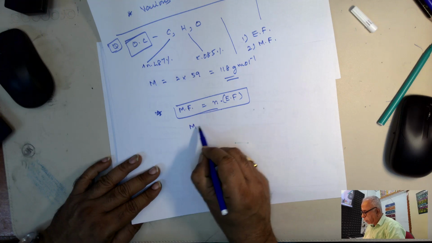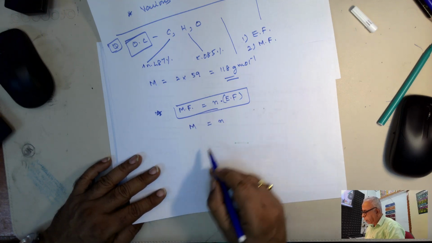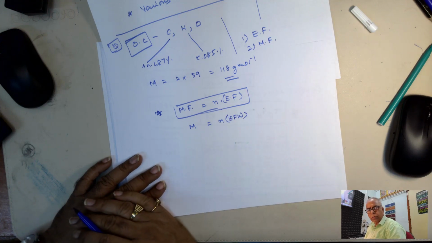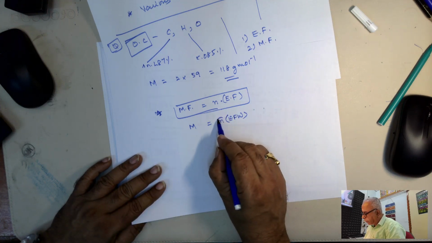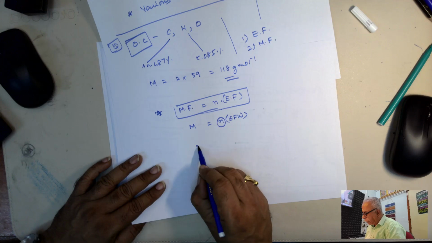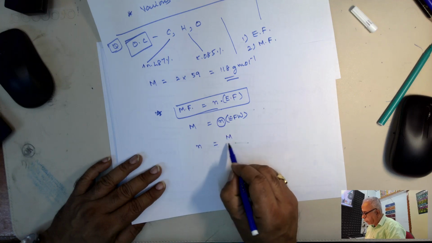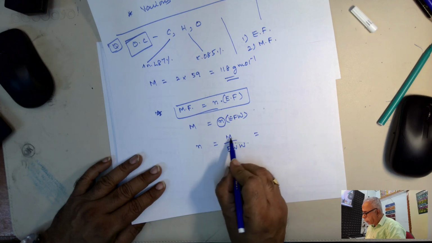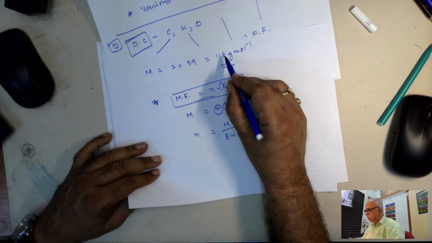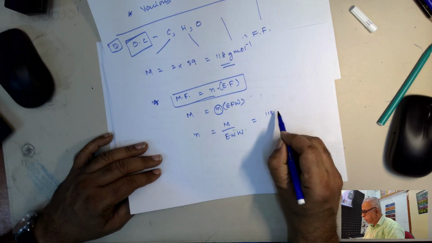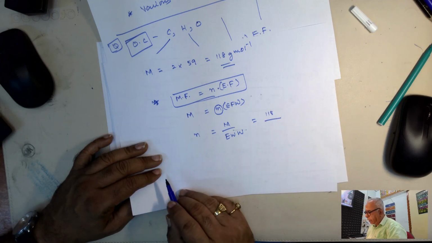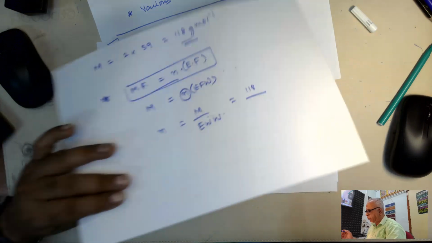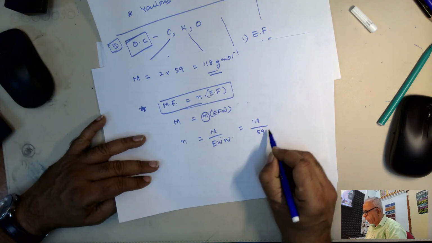Similarly, the molar mass is equal to N into the empirical formula weight. So from this we can find N. N is equal to M divided by the empirical formula weight. M is 118, which we have already found out, divided by the empirical formula weight, which is 59.